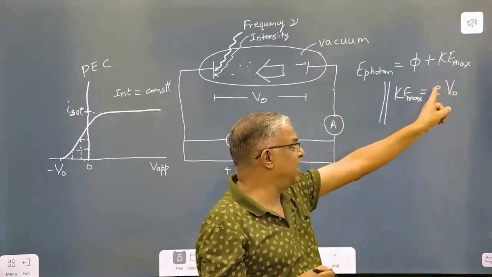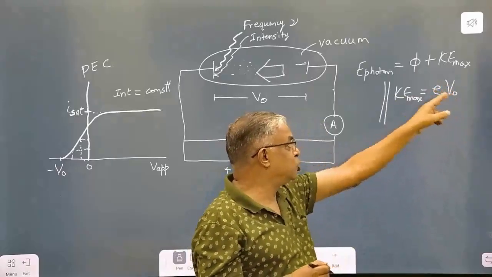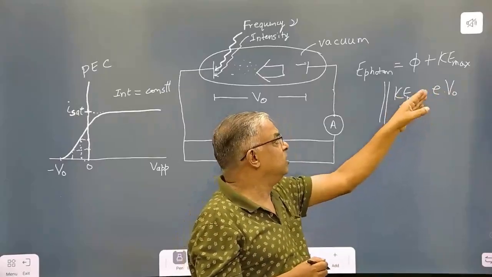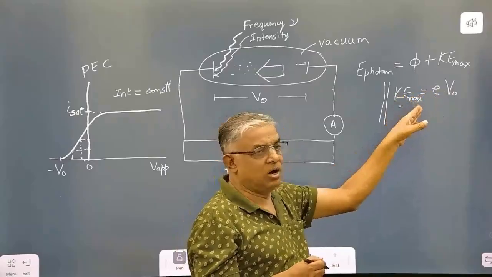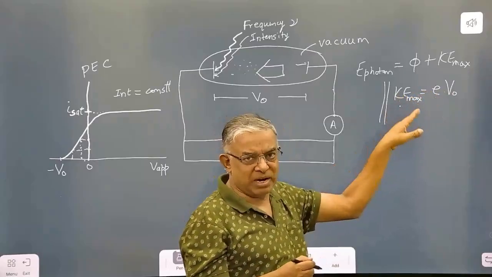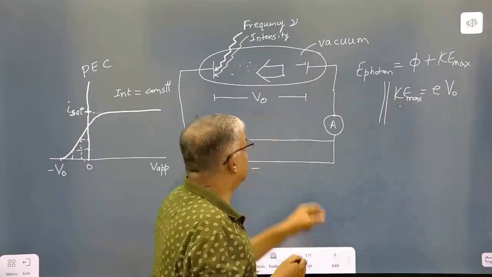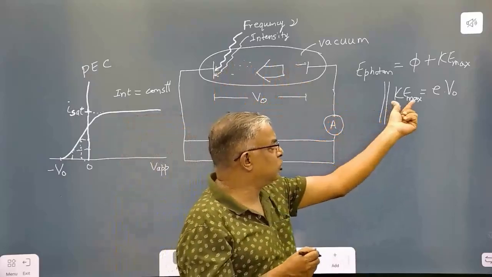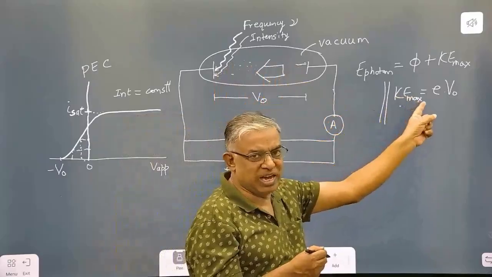Work done by the electric field to stop the most energetic electron is equal to change in kinetic energy of the maximum energetic electron. In fact, the kinetic energy has been reduced to 0. So the net change is equal to KE max.